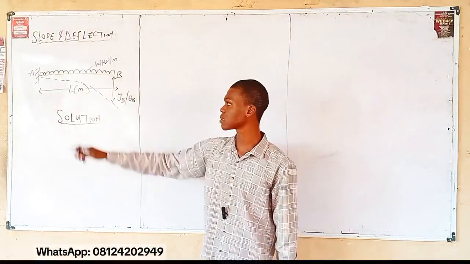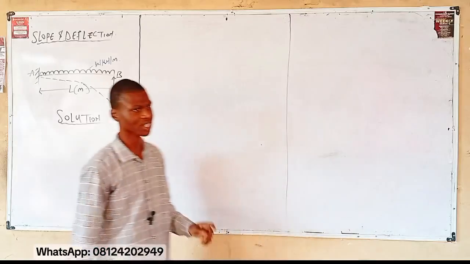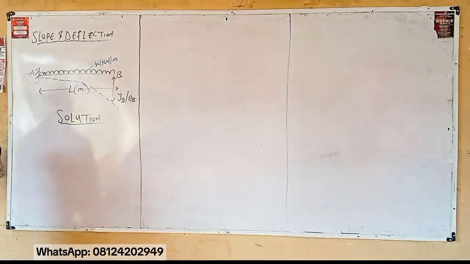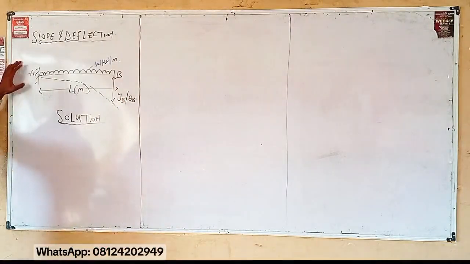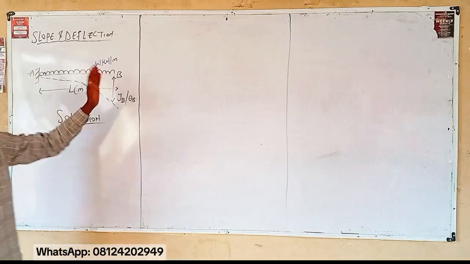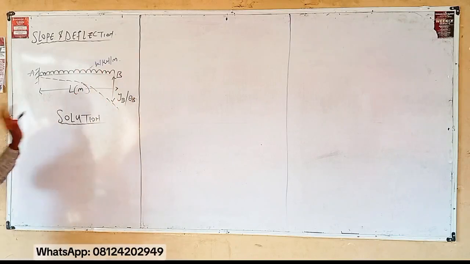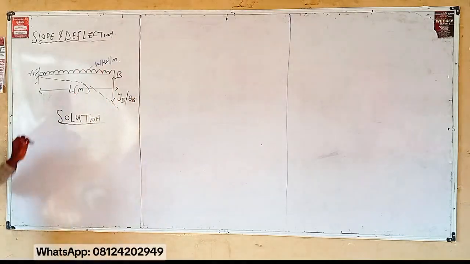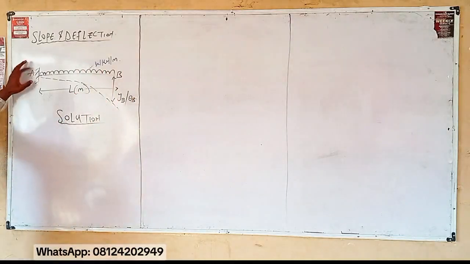But before then, let me explain something. As this cantilever beam is like this, unlike the simply supported beam where we calculate the slope at A, slope at B, and maximum deflection, for a cantilever beam, one thing you should take note of is that there's no slope at the fixed end.